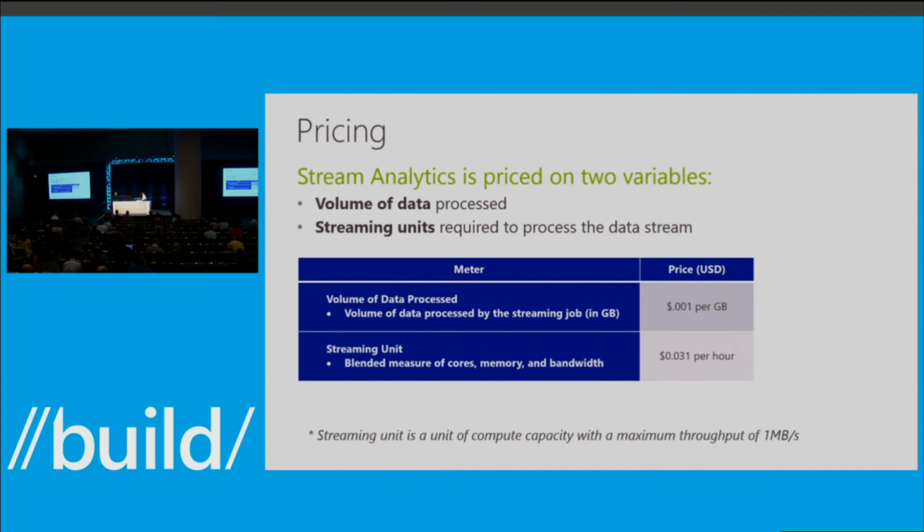To give you an idea, we're measuring two things. One is the actual volume of data processed at 1/10 of a cent per gigabyte processed. And the other one is a blended unit of effectively compute resources, cores, memory, and bandwidth at 3.1 cents per hour.